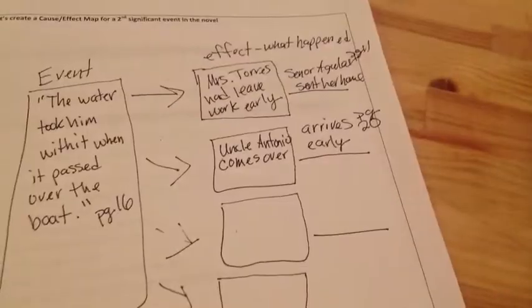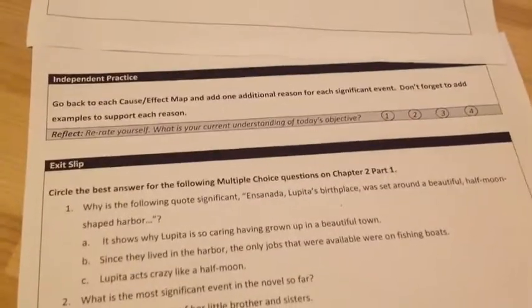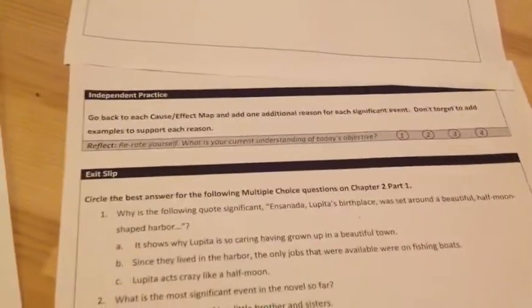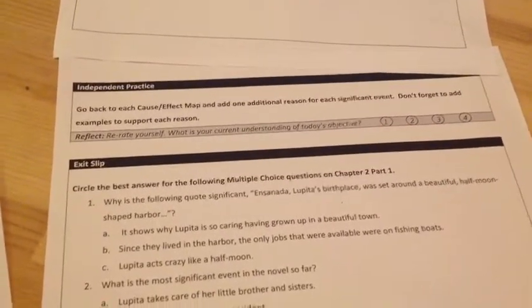Okay, go ahead and do that at this time. That is actually your independent practice. So if you look up here, it tells you to add an event to each map. So you can add 1 event to each map, or you can add 2 to the second map. Go ahead and hit pause and do that at this time.